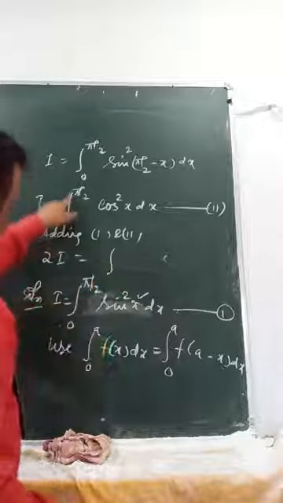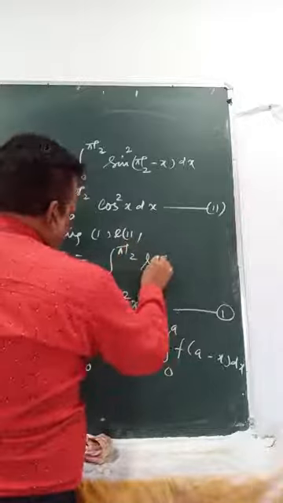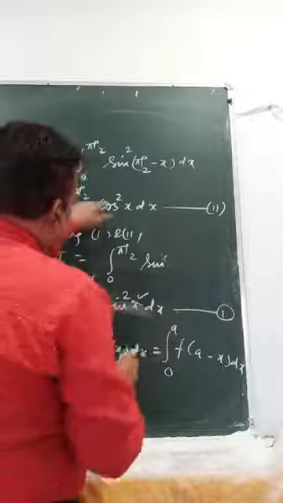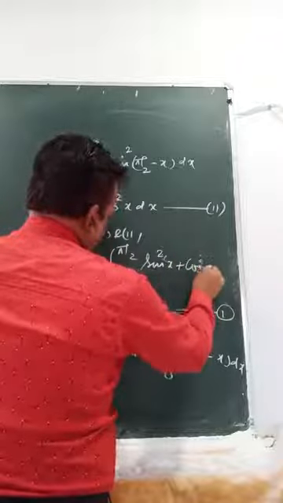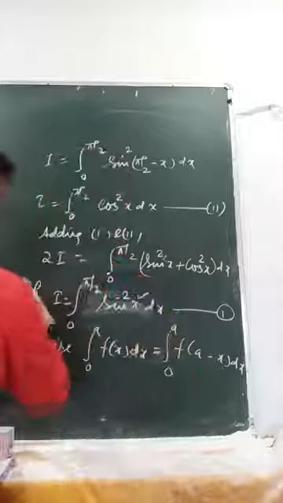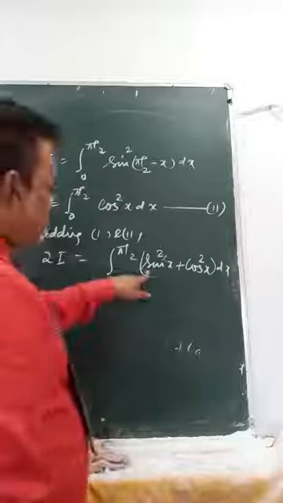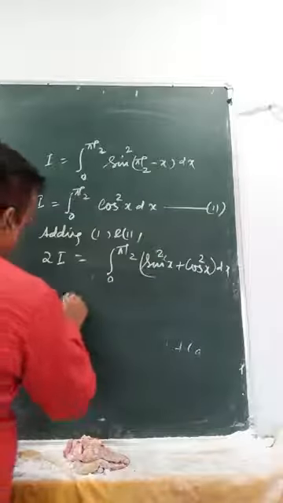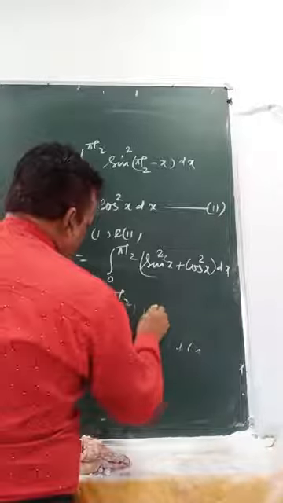The limit is the same here, 0 to pi by 2. You have to add sin square x plus cos square x dx. Sin square theta plus cos square theta is 1. So 2I equals integral from 0 to pi by 2 of 1 dx.